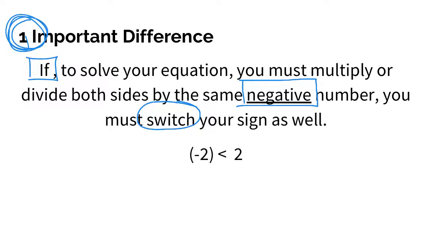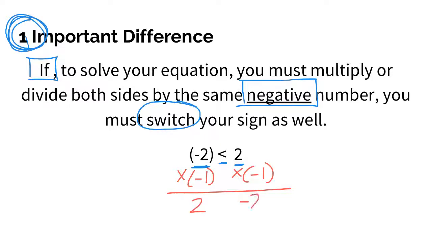I think we'd all agree that -2 is less than +2. But what happens if I were to multiply both sides by the same negative number? I'm not altering anything as long as I do the same thing to the left and the right. -2 times -1 is +2, and 2 times -1 is -2.